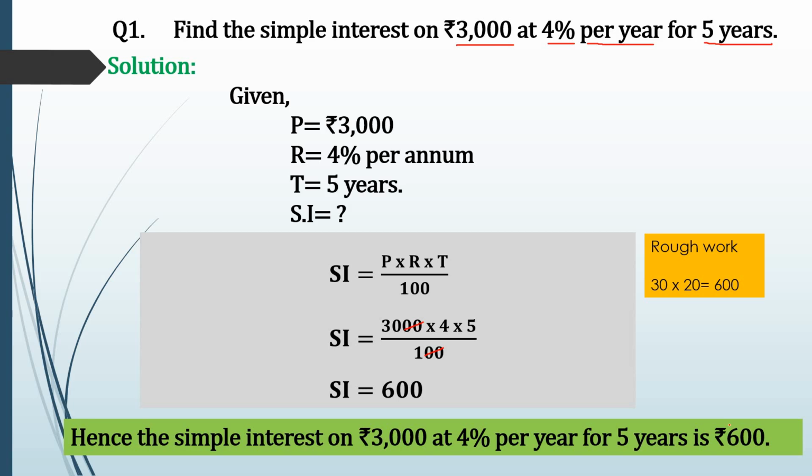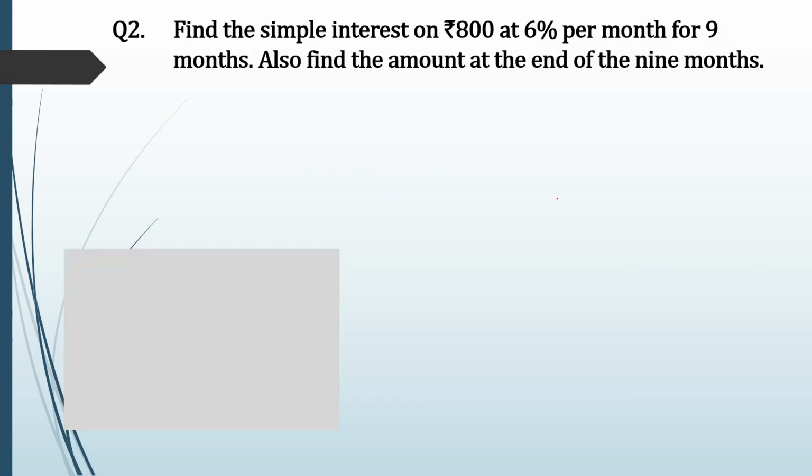Is that clear, students? Let's take one more example. Find the simple interest on rupees 800 at 6% per month for 9 months. Also find the amount at the end of the 9 months.